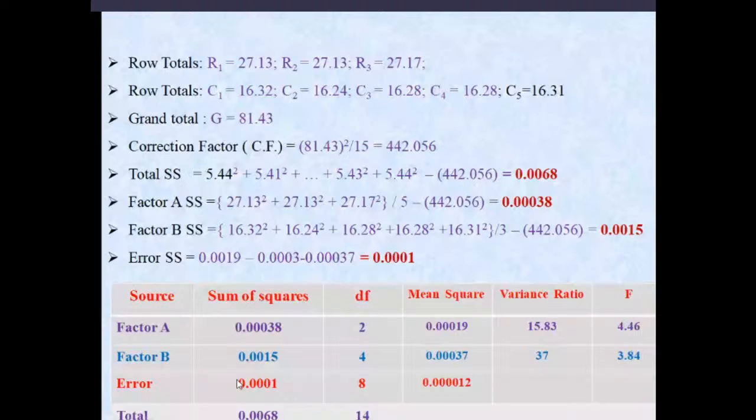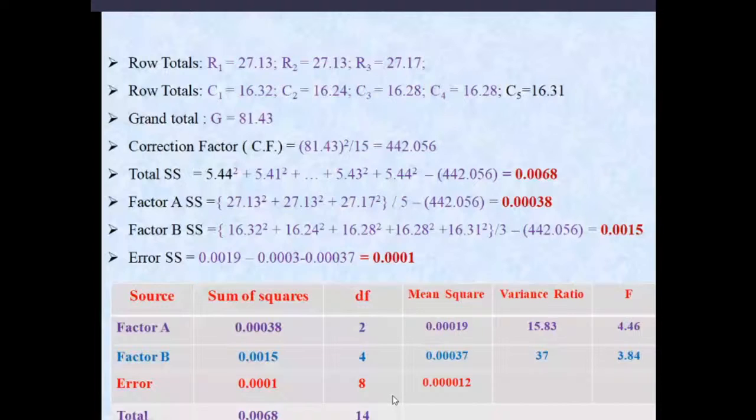In factor A there are three classes, therefore 2, and in factor B there are 5 classes, so 5 minus 1, and in total there are 15 minus 1, that is 14. Error is 8.